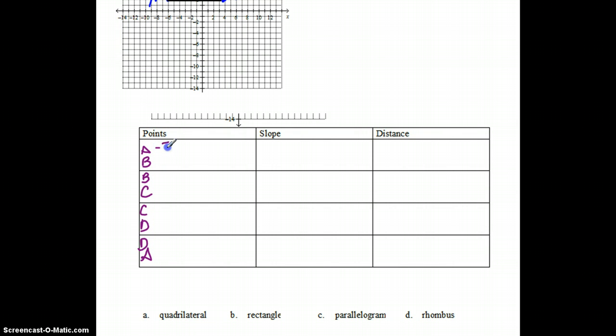I know A is -5, 2. I know that B is -3, 6. Notice every place that I have A and B, I'm writing it. C is going to be 6, 6. And D is 4, 2.